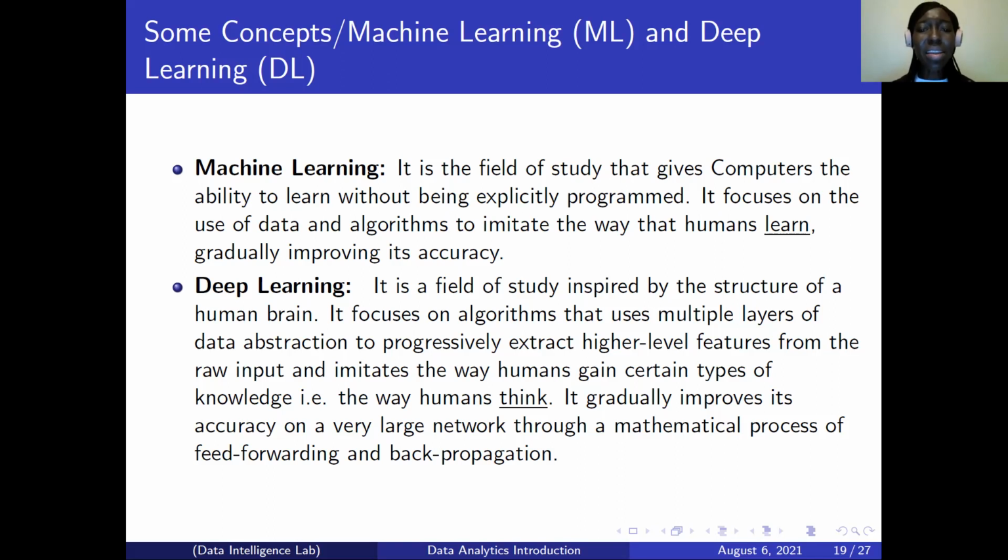Deep learning is premised on the way the human brain is structured, meaning that it's a network of insights or information going from one level to another level on a very large network domain.